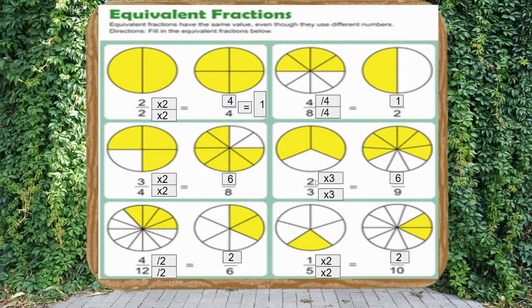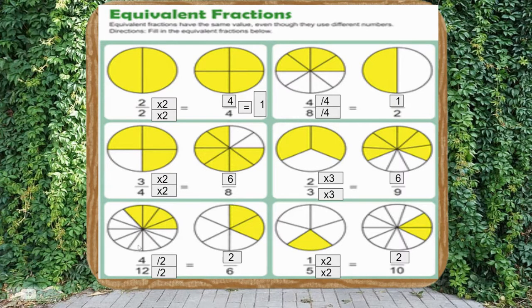Then we have 2/3. 3 parts total, 2 parts shaded. 2/3. 2 times 3 is 6. 3 times 3 is 9. 2/3 and 6/9 are equivalent fractions.